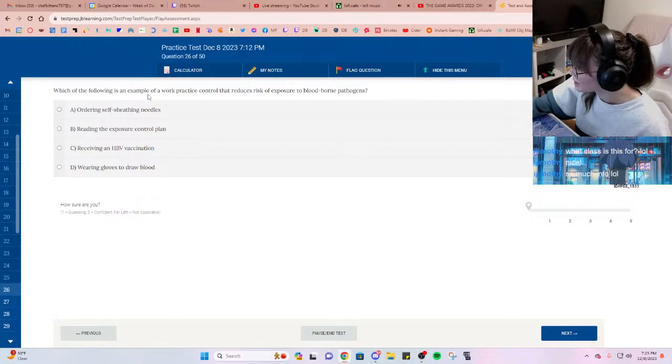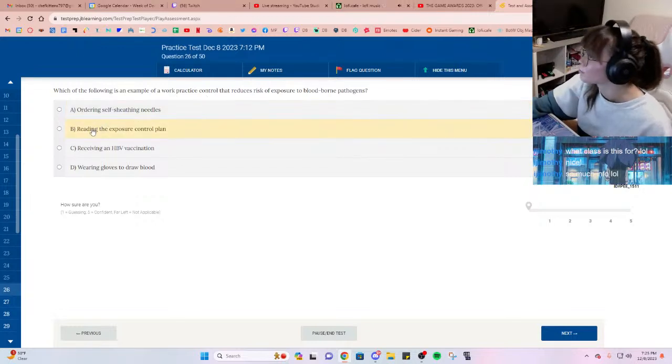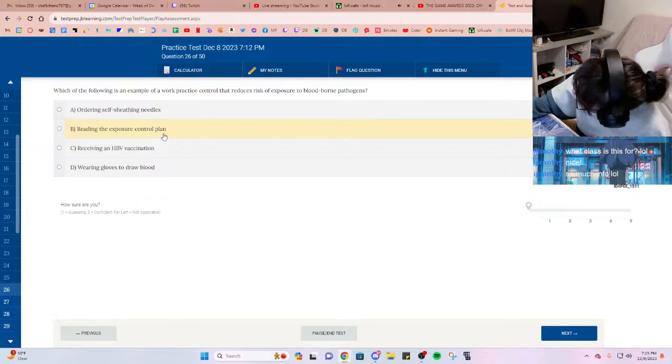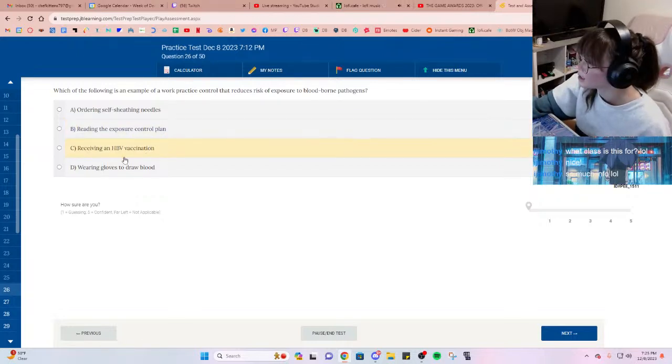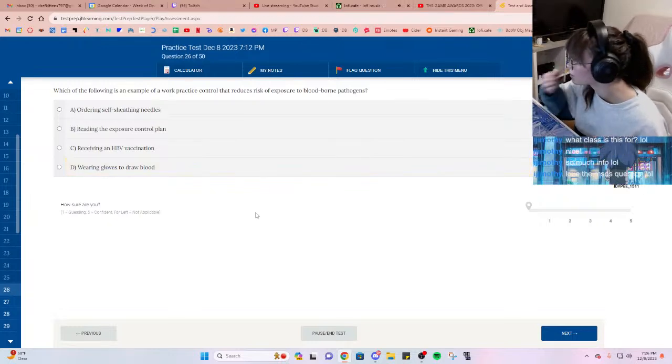Which of the following is an example of a work practice control that reduces risk of exposure to bloodborne pathogens? Ordering self-sheathing needles, reading the exposure control plan, receiving an HPV vaccination, or wearing gloves to draw blood.